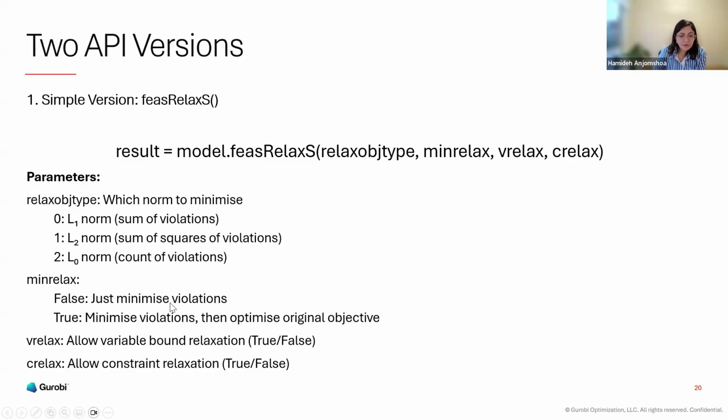The other thing here is, if you want to just minimize the violation, at the end you can also say, after you do that, tell me what the original objective is, and optimize the original objective. So you can say at which cost you are relaxing those constraints. That's a very powerful tool.